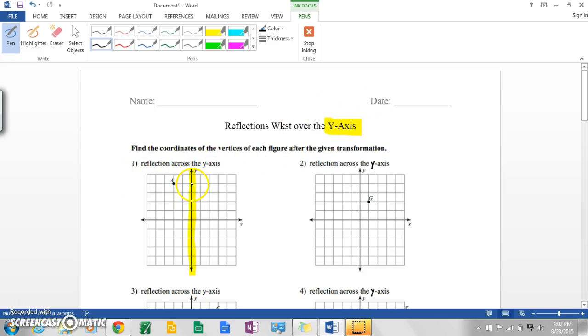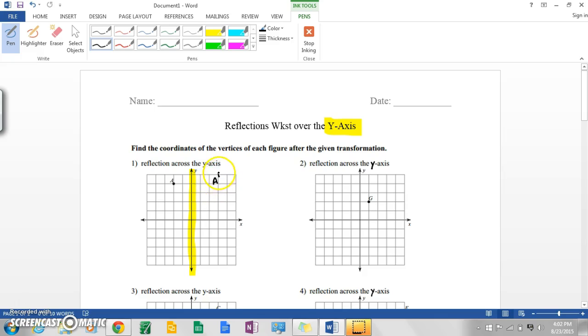In this first example, we determined A is 2 units away from the y-axis, and I counted that. I started here, I counted 1, 2, A is right here. So to find the reflection across the y-axis, I'm going to start at my line of reflection and count 1, 2 in the other direction. We're going to call this A prime.